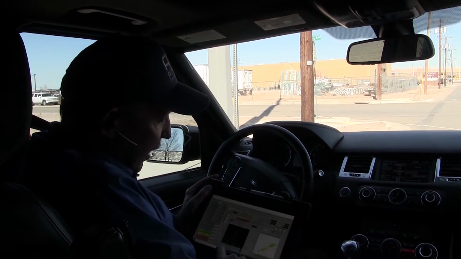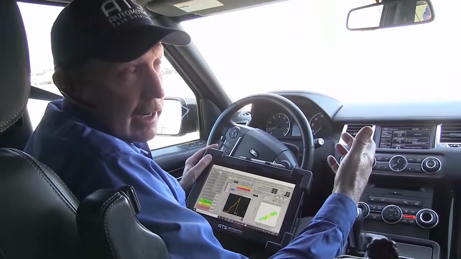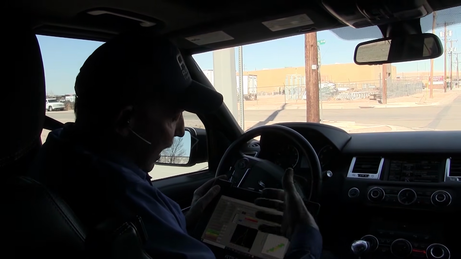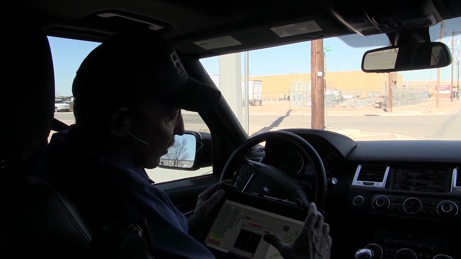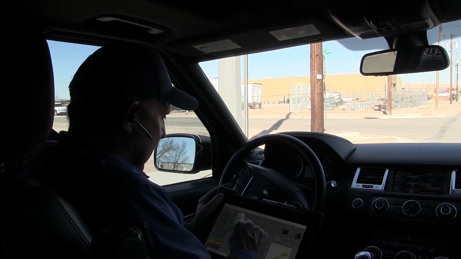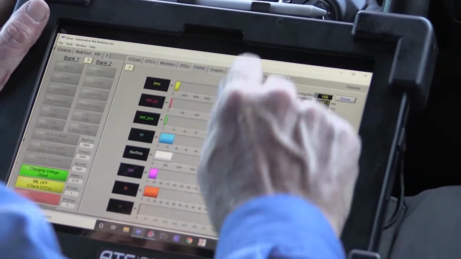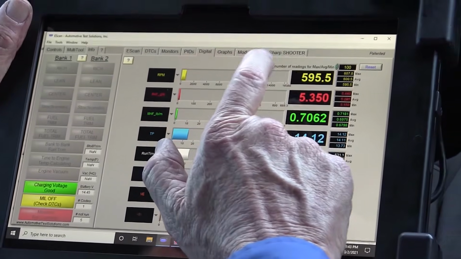So when we look at these two charts, it's telling me that the problem is not on the air side, at least not under load. I can make the power and I'm okay as far as my mass airflow sensor. So what I need to be more worried about is what's going on with these trims, and I felt it really cut out at idle.